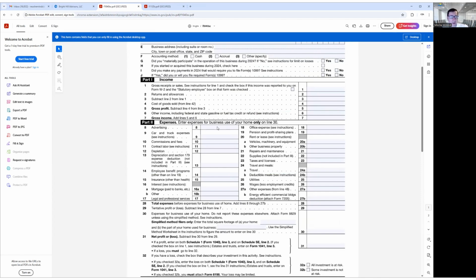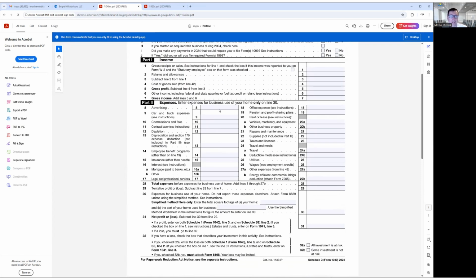Okay, so expenses on a Schedule C: advertising, car and truck expense. See instructions. If you really want to see the instructions, go ahead. But anyway, that kind of rolls from the other forms to figure out what your true auto is, because sometimes they take away a personal amount from the total.